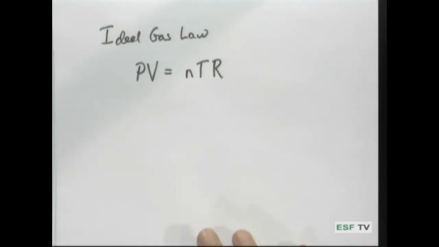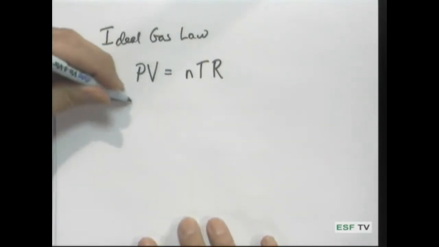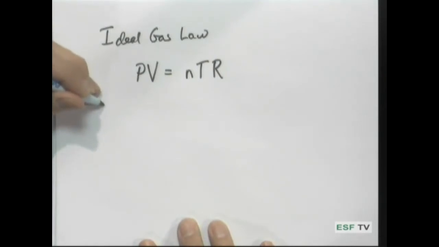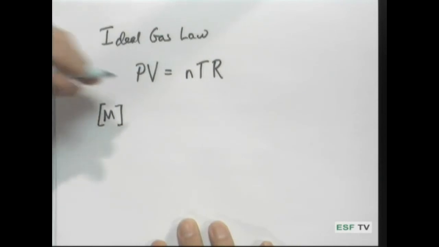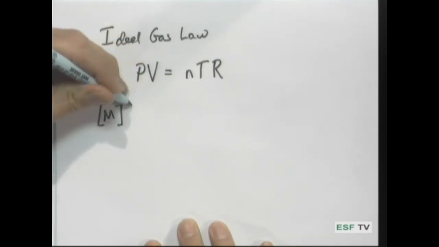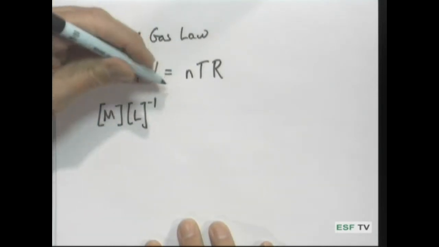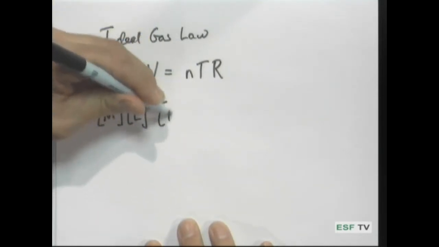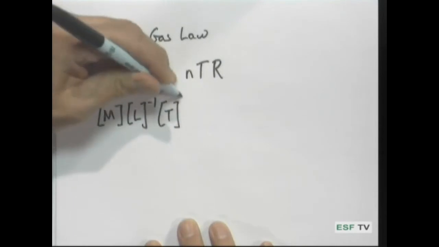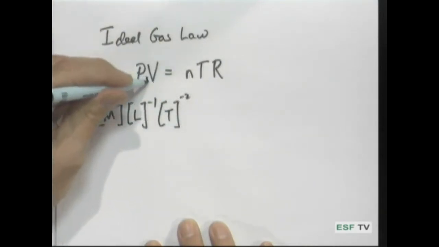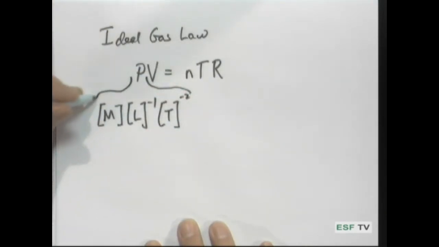Now, we've already established that pressure has dimensions of mass times length to the minus 1 times time to the minus 2. Those are the dimensions of pressure right there.